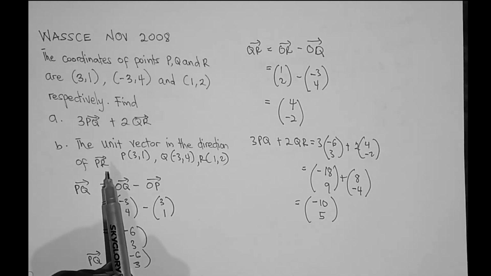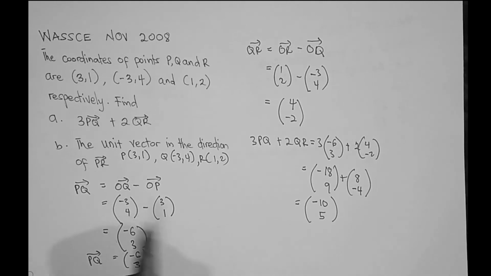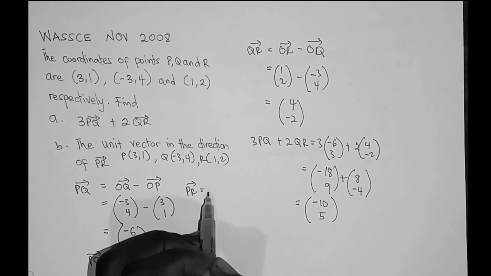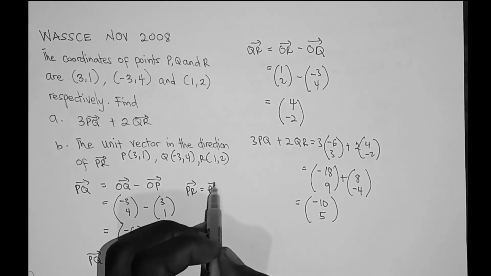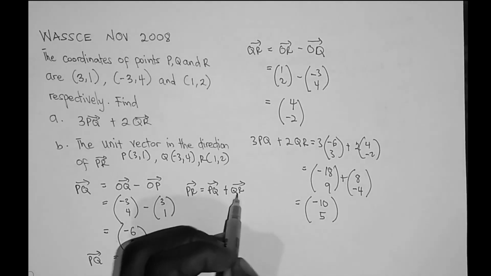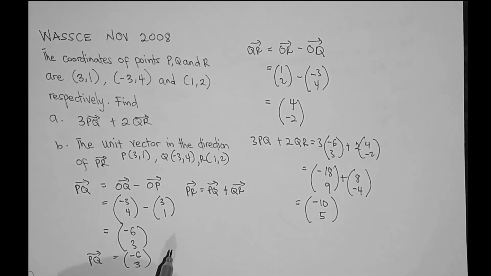The B part of the question says we should find the unit vector in the direction of PR. But then we know that PR is equal to PQ plus QR, by the law of addition of vectors. So what is PQ?